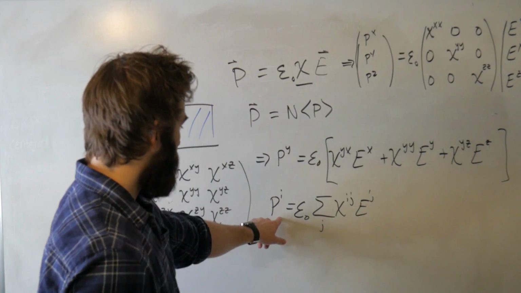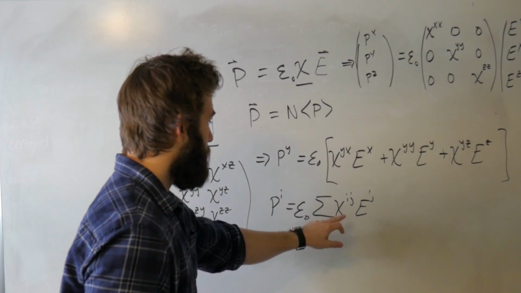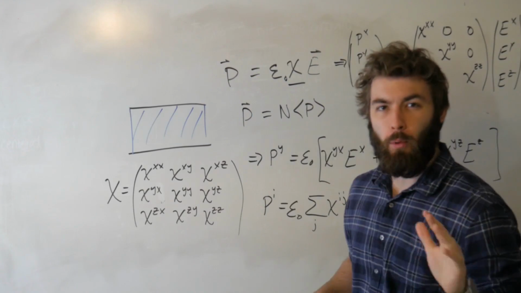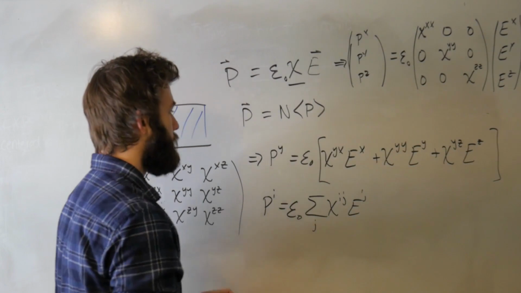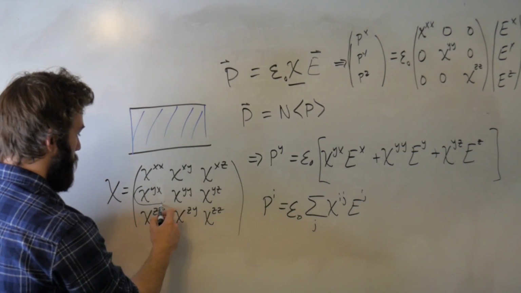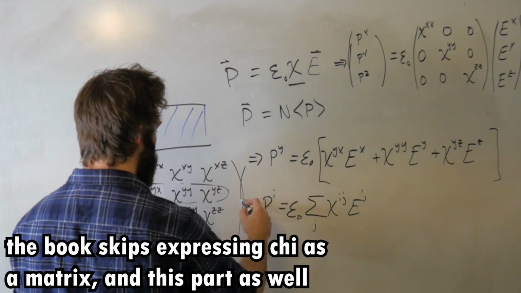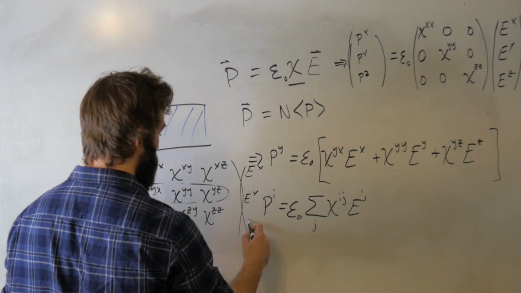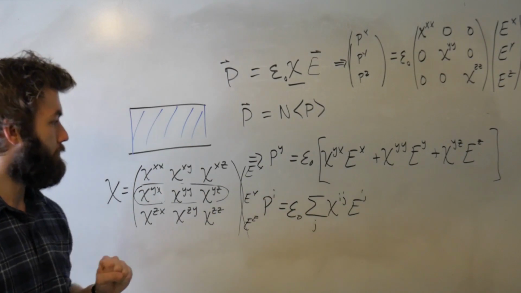So here we've defined the component of the polarizability in terms of the component of the electric susceptibility tensor. Now, one quick thing before we move on, if this part here was just a little bit unclear, keep in mind that all I did was I took the y row and then multiplied that by ex, ey, ez. So that's where this comes from.